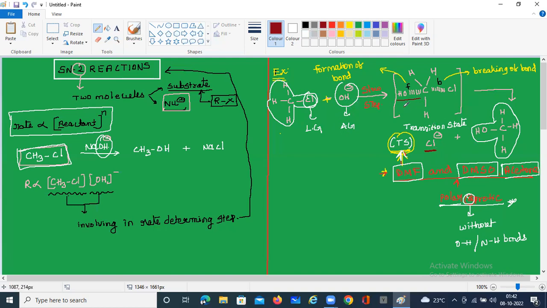If it combines with sodium, it forms a salt, NaCl. That intermediate compound is nothing but the transition state. Clear?